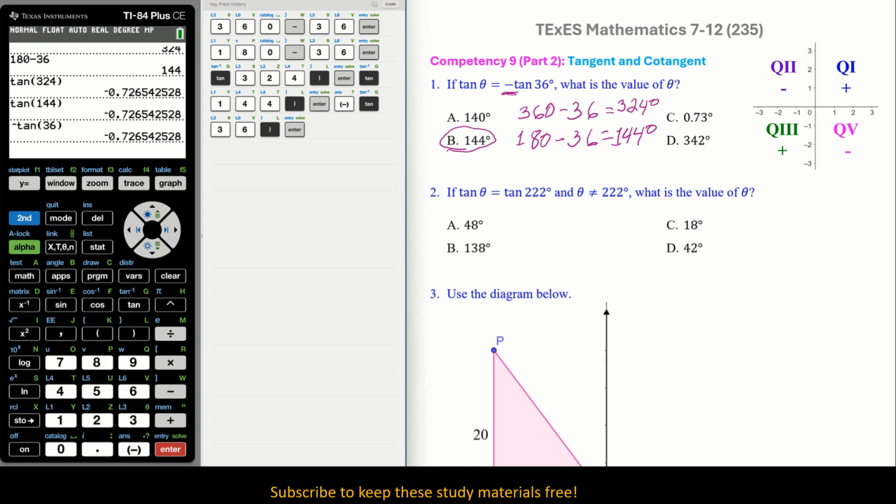All right, now we're doing the same thing for number 2. If tangent theta equals tangent 222 degrees, and theta cannot equal 220, what is the value of theta? Here's the thing. We know tangent needs to be positive. That can only be in Q1 and Q3.